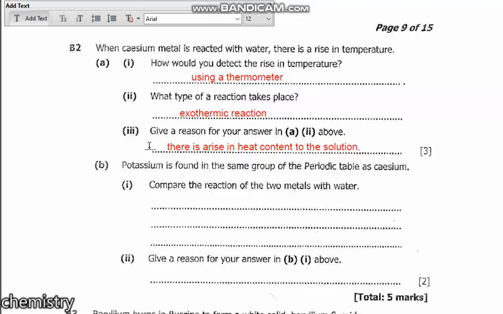And how do you expect it not to react faster with water than potassium? Of course, since calcium is more reactive than potassium, therefore, calcium reacts vigorously with water as compared to potassium.